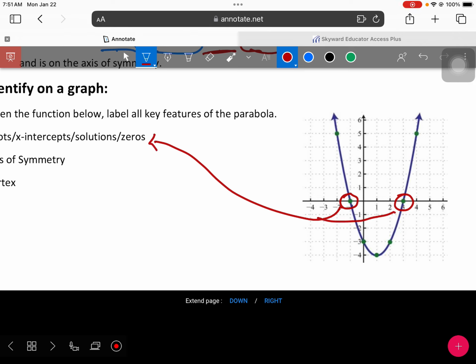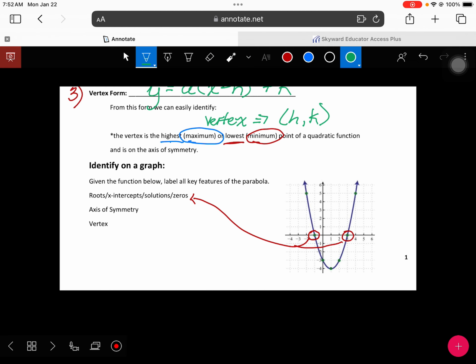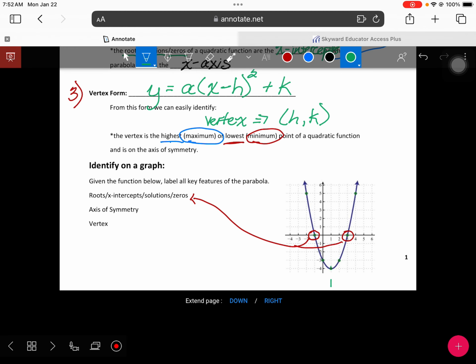Okay? The axis of symmetry, I'm sorry, I should have said axis of symmetry, is what cuts your parabola into 2 equal parts. So this right here is your axis of symmetry.